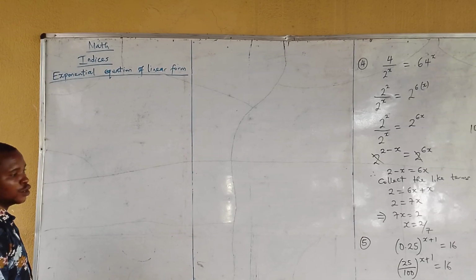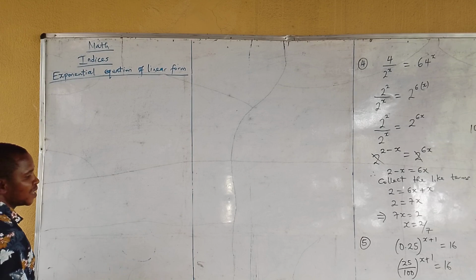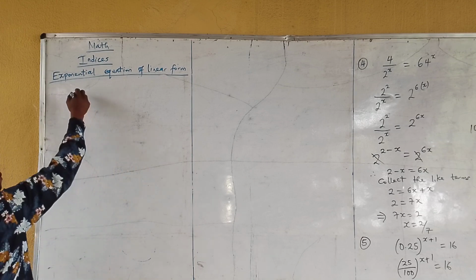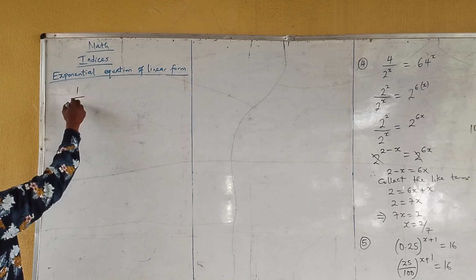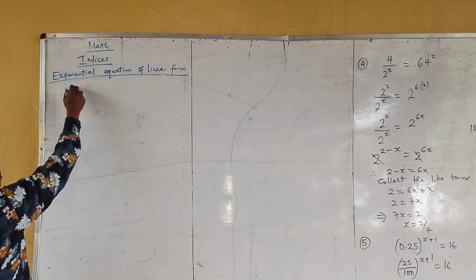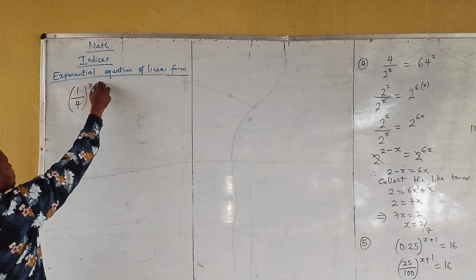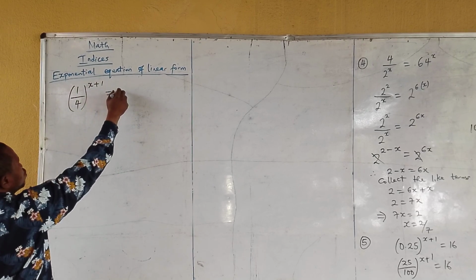We are going to reduce 25 over 100 to its lowest term. 25 in 25, that will be 1, and 25 in 100 will give us 4. In bracket, raised power x plus 1 is equals to 16.